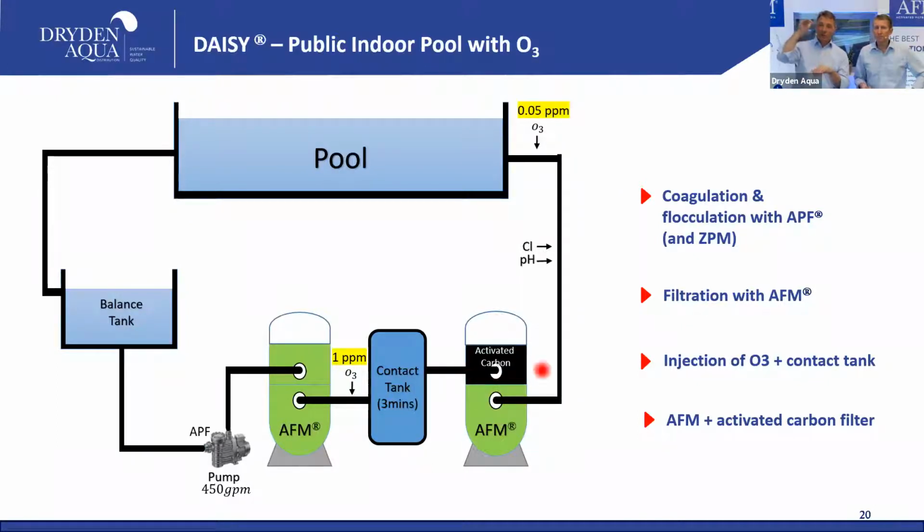Here it's different. Here you need 20 centimeters of carbon because you want to remove all the ozone. Ozone in high concentration, if it comes to the pool and goes to the surface, is very toxic. So it gives a perfect water, but it's expensive. A 100 gram ozonization system is about $100,000.